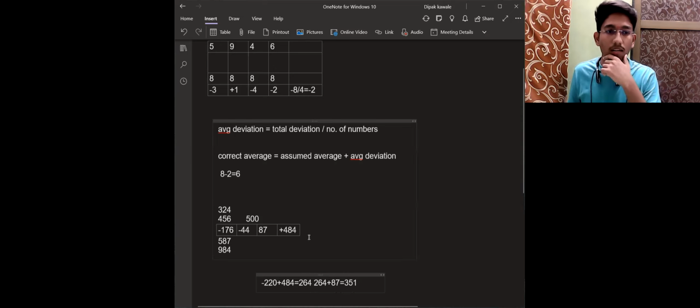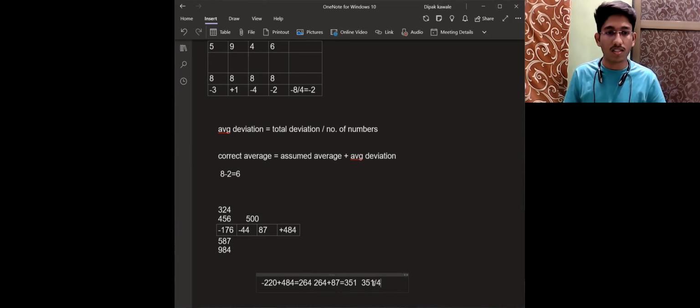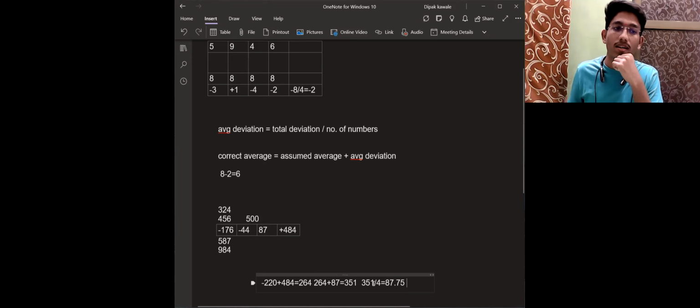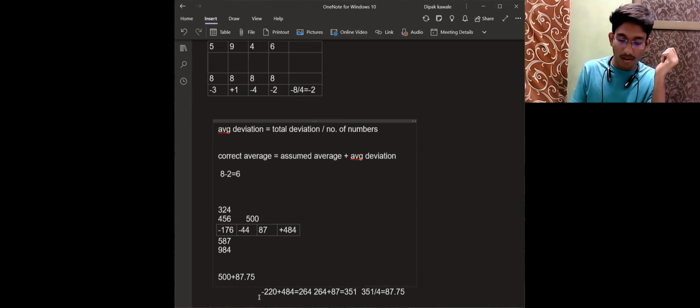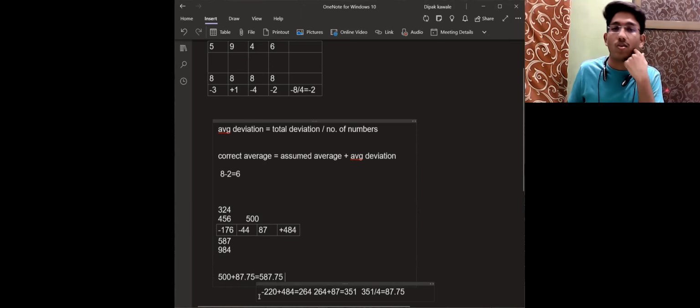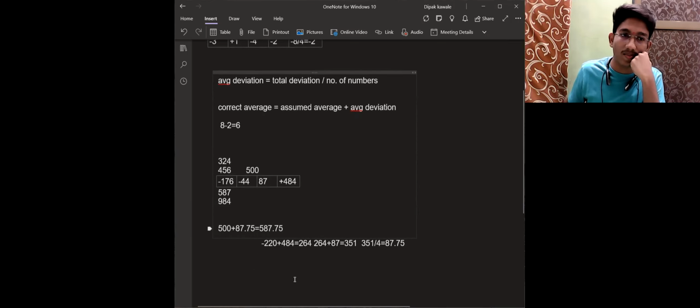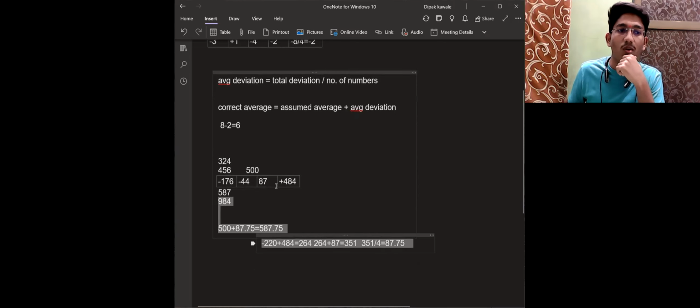Okay, that means this is my total deviation. I have to divide it by the total number of numbers, which is 4. So 351 divided by 4 is 87.75. That means the correct average value is 500 plus 87.75, which is 587.75. Correct. So this is how we can solve problems like this.